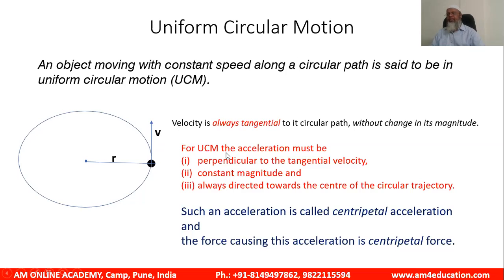If these conditions are satisfied, then this is a uniform circular motion. The acceleration which is directed towards the center is called centripetal acceleration, and the force causing it is centripetal force.